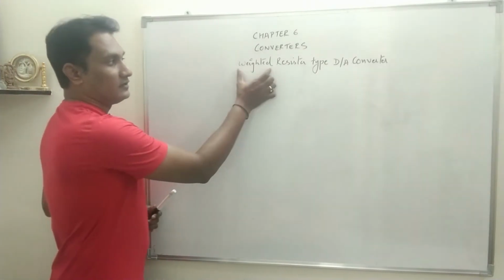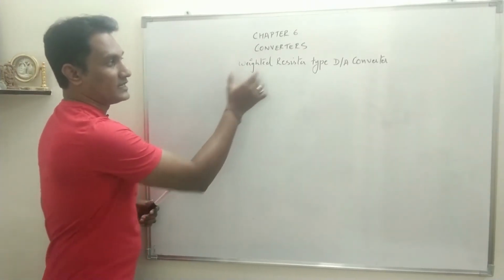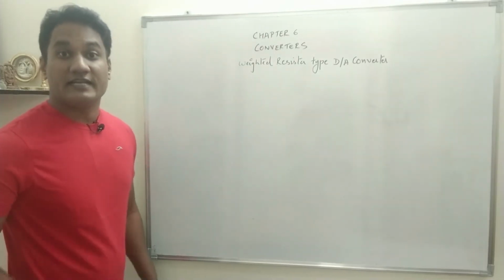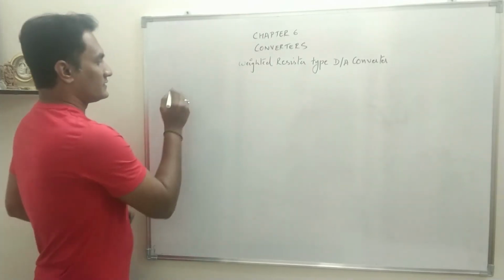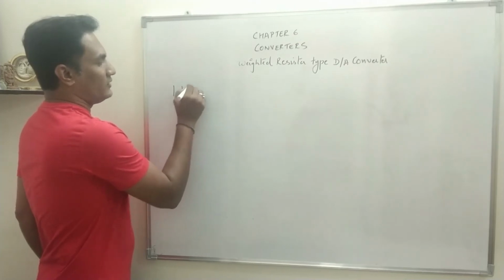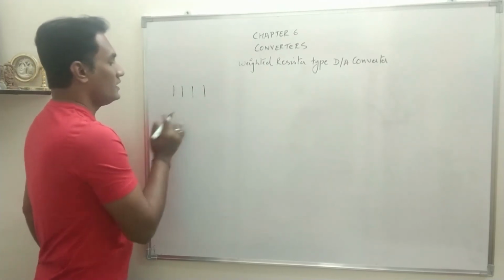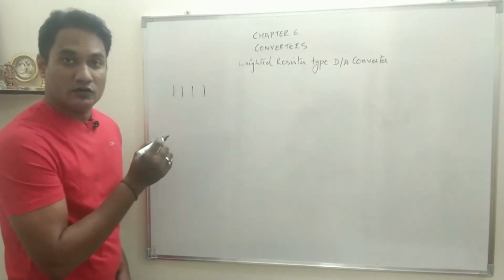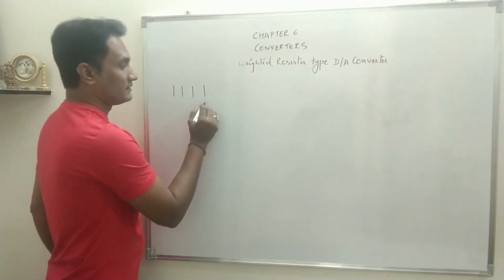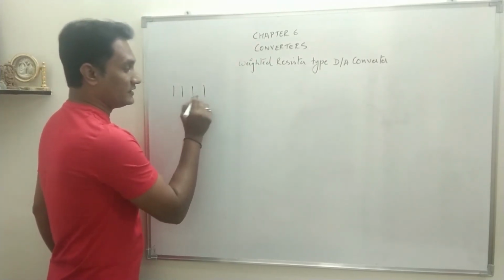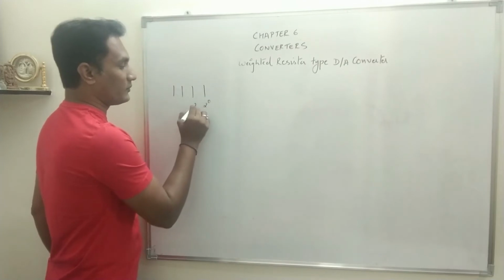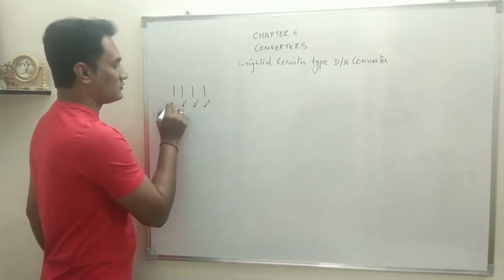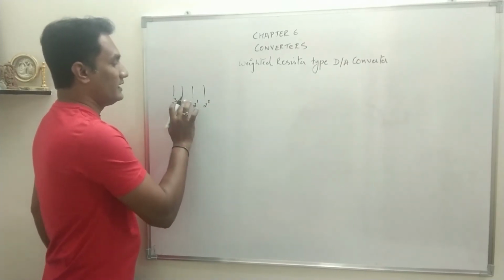Now before going to the circuit diagram, let us understand what exactly we mean by weighted resistor. Suppose there is a binary number, say 1111. You know that this number has a certain weight, and for a binary number the weights will be 2 raised to power 0, 2 raised to power 1, 2 raised to power 2, 2 raised to power 3.